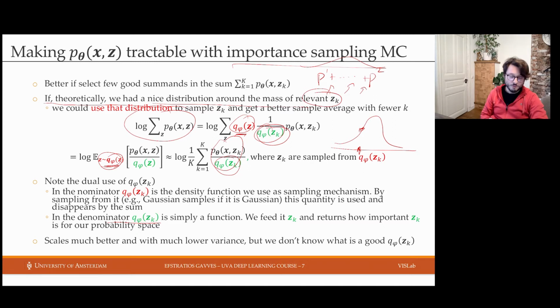To bring some more intuition, if my Q phi returns large values, it means that I'm going to sample from it more often, right? So in my Gaussian example, this is the region where I'm going to obtain most of our z's. If I were to sample, most of my z's would be around here.